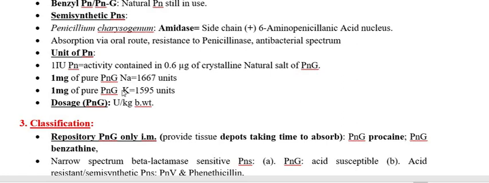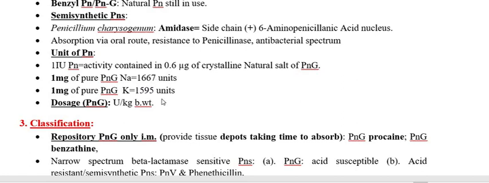However, if the salt is potassium, then 1 milligram of pure penicillin G potassium salt is equal to 1595 units. That means 1 milligram of the sodium salt possesses more units than the potassium salt.